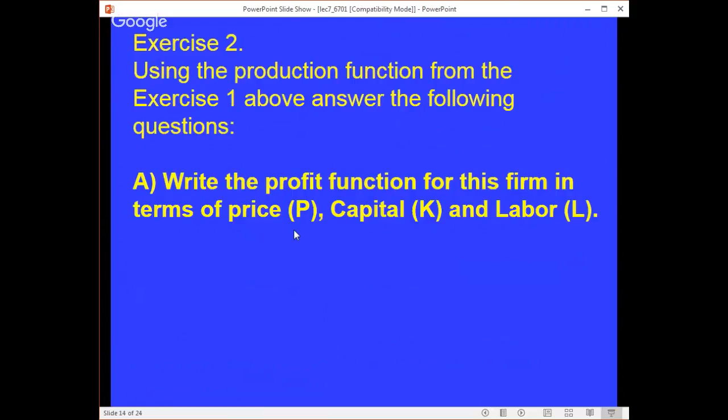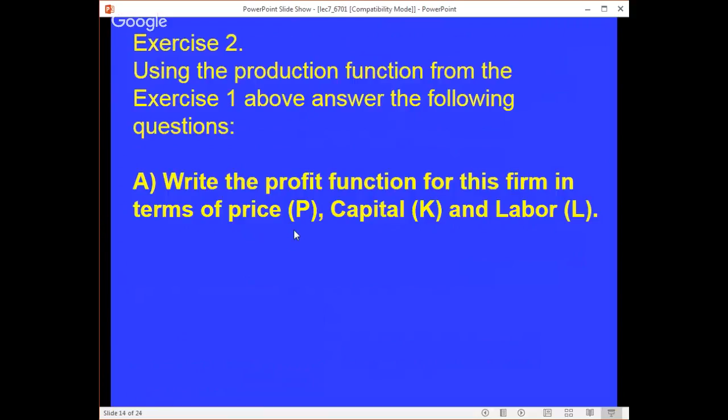In general, how do we define profit? Revenue minus cost. In this case, total revenue minus total cost.